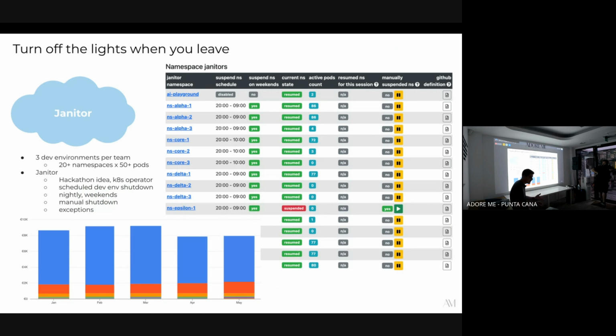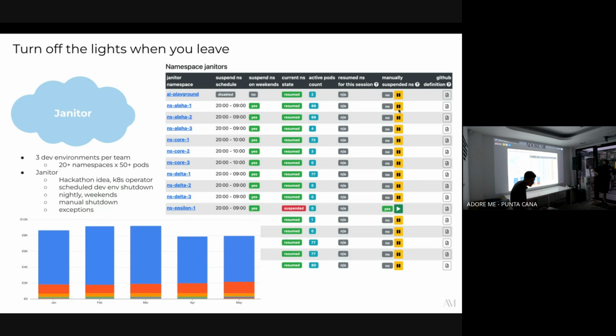This is a Kubernetes operator, which comes with a custom resource where you can define a schedule for when you want your namespace to be shut down. So each team defines, like, from 8 o'clock in the evening until 9 in the morning.